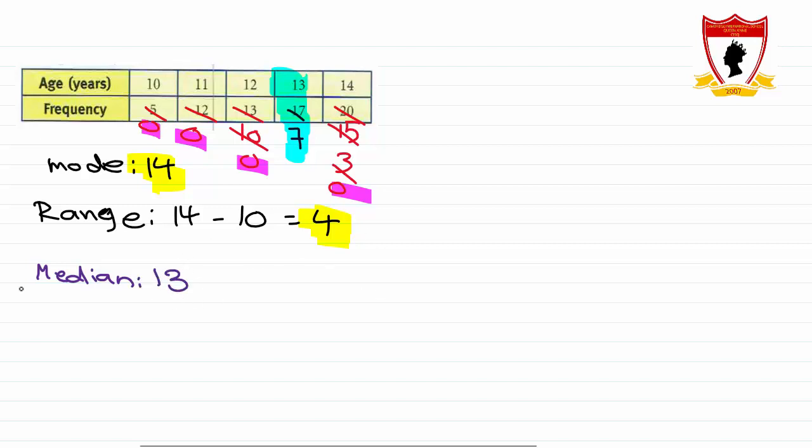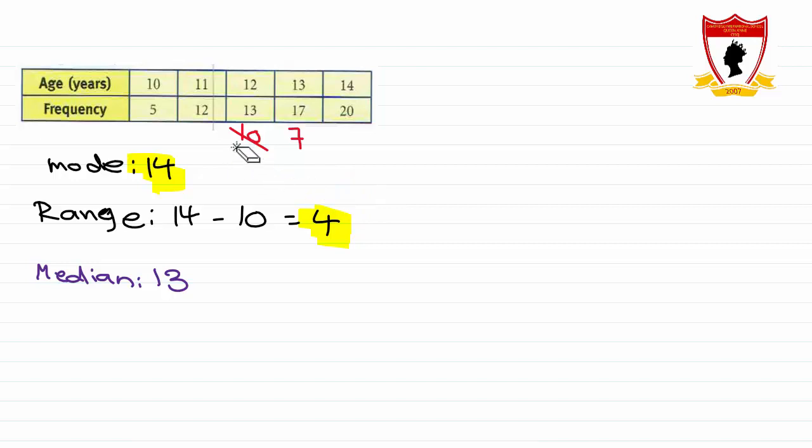There's another way of finding median if you are not happy with this way. The other way is by finding the total frequency. The total frequency here, using a calculator or mentally: 5 plus 12 plus 13 plus 17 plus 20 equals 67.